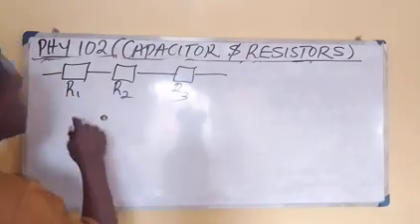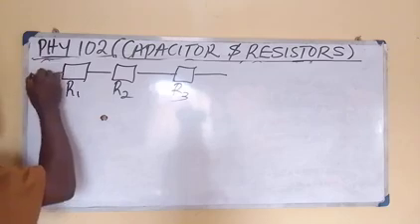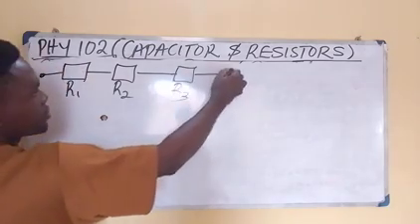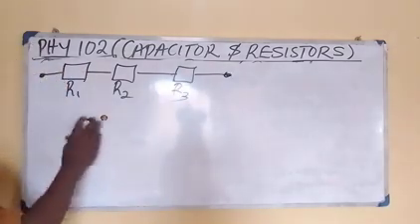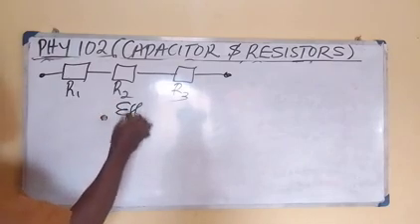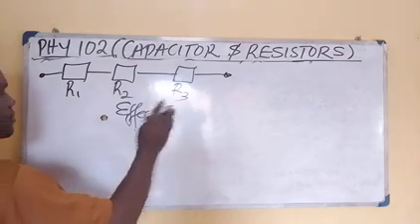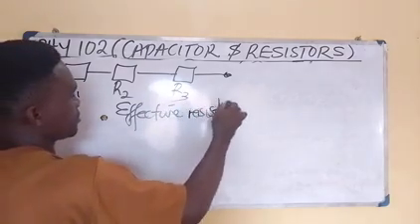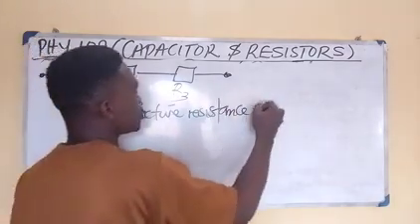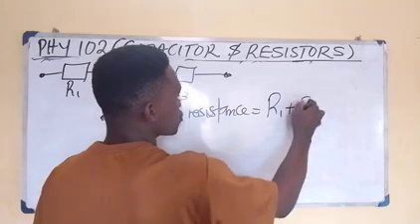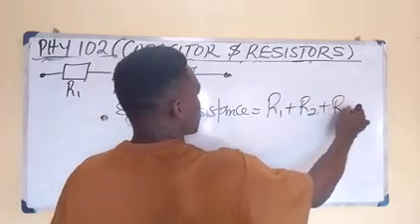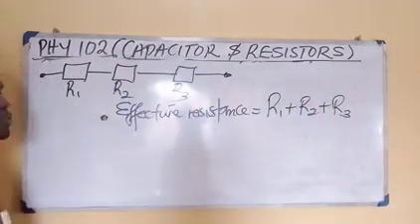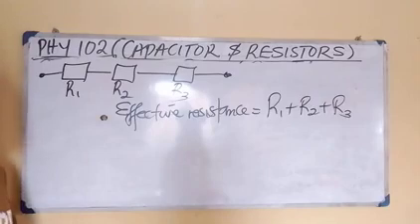Because for series resistors, the effective resistance is simply the summation of the individual resistors.